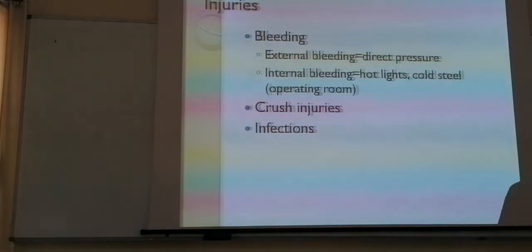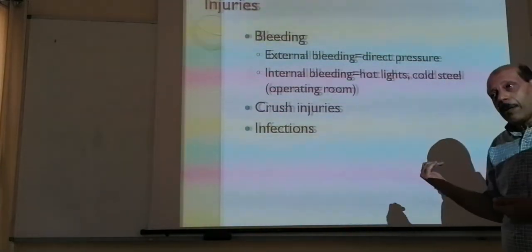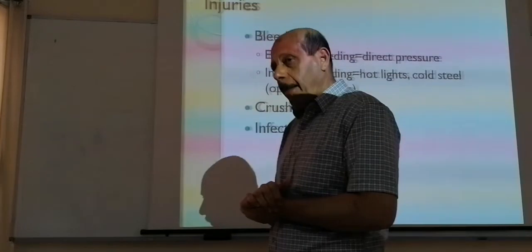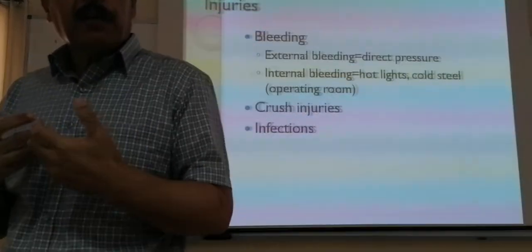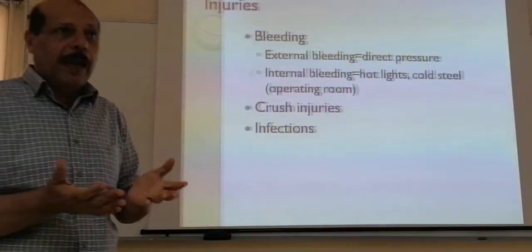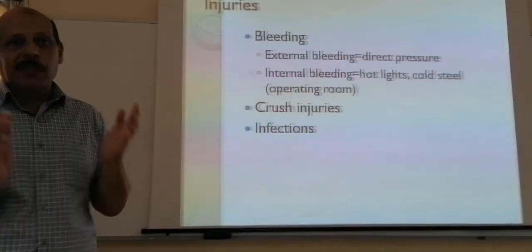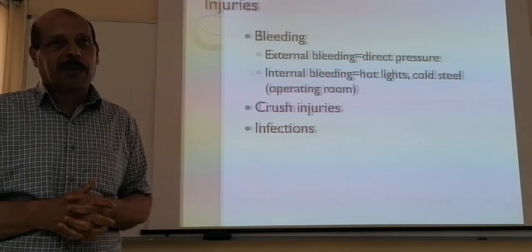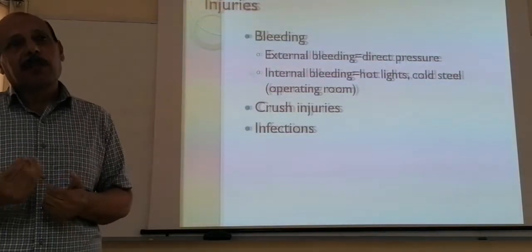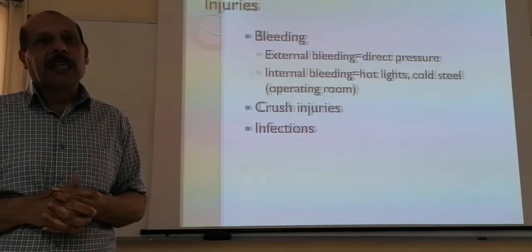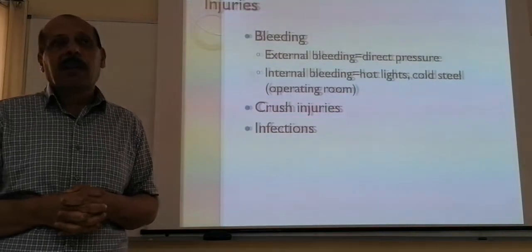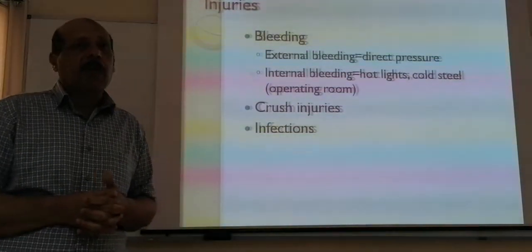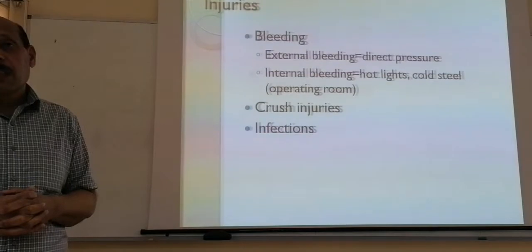The bleeding either might be internal bleeding or external bleeding. The external bleeding is easy to diagnose, easy to see, and easy to deal with. But the internal bleeding is sometimes difficult to deal with because it is not obvious.